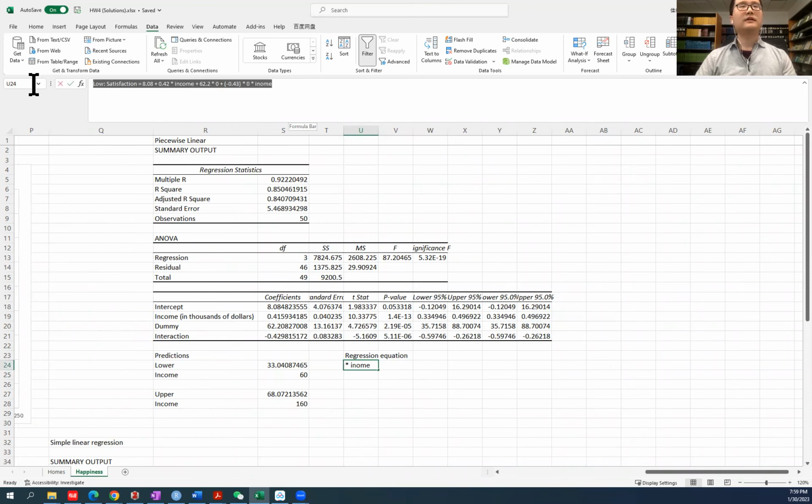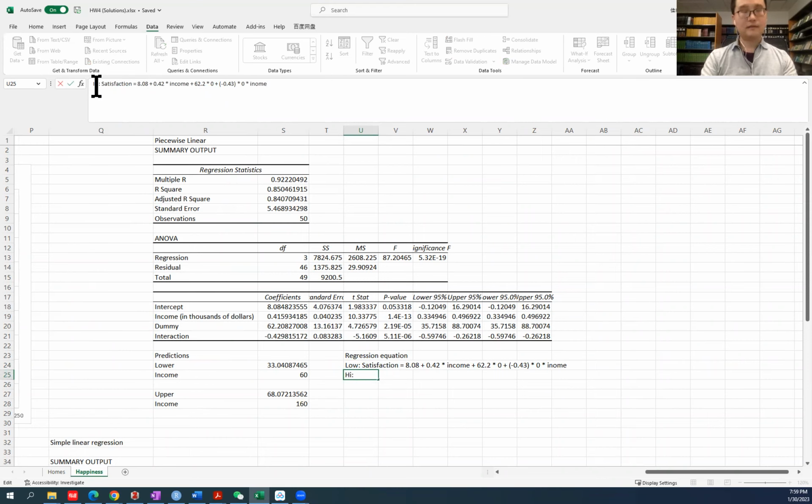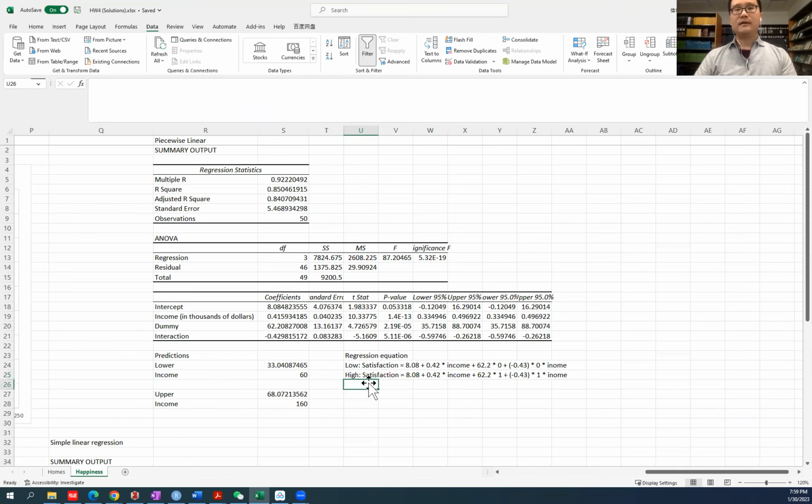regression equation. Using the same idea, we could calculate a high income satisfaction regression equation. But in this group, this dummy variable would equal 1. So notice that these two group regression equations are very different because of whether the dummy variable equals 0 or 1.